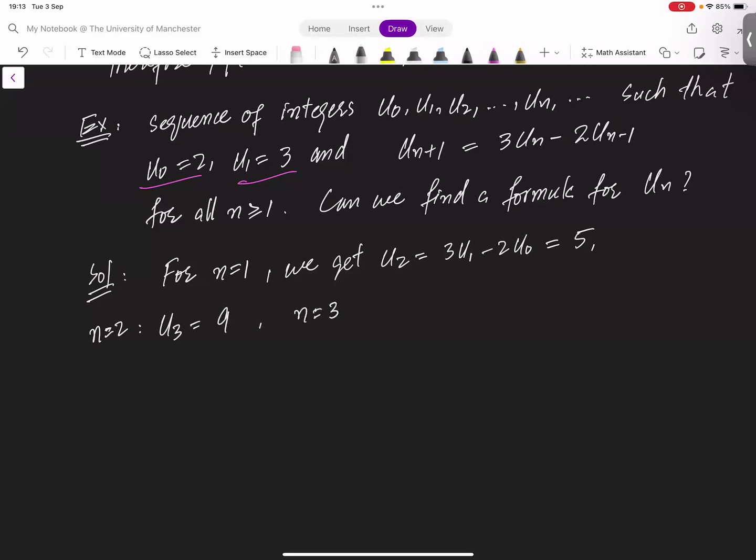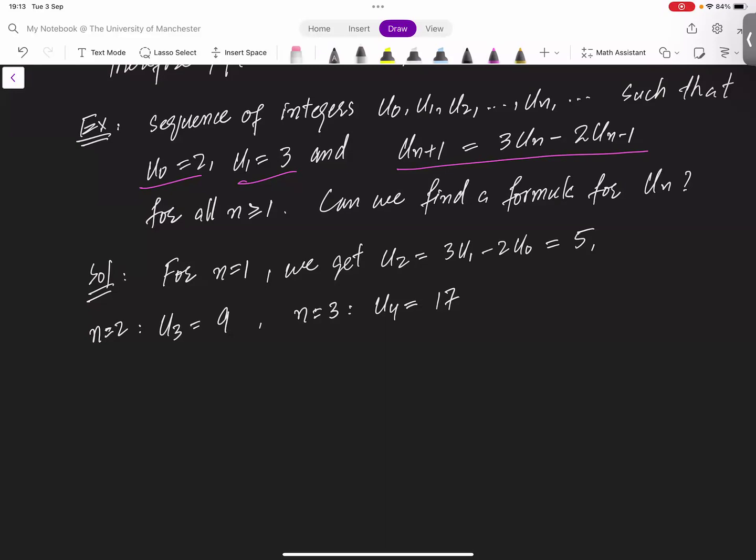n is 3, u4 is 17. Remember, this equation starts with un plus 1. That's why for n equal to 3 it is u4 and for n equal to 2 it is u3. Okay.